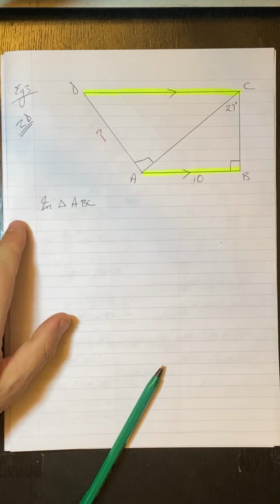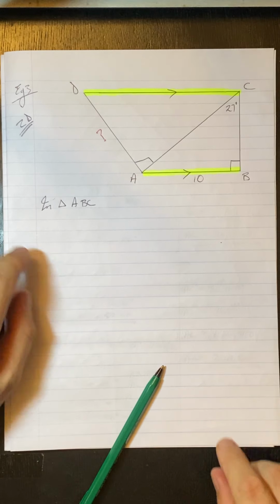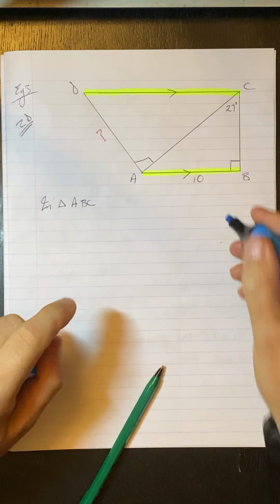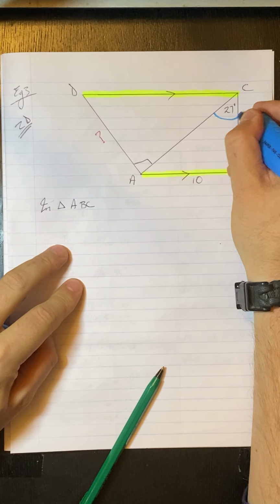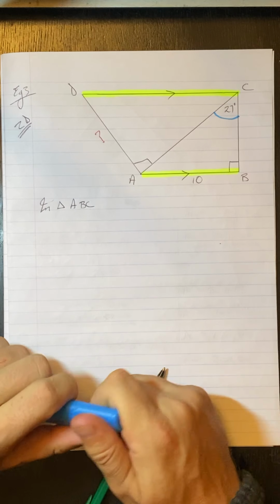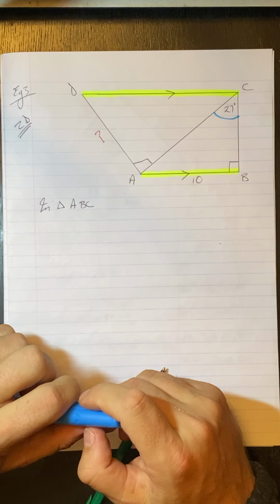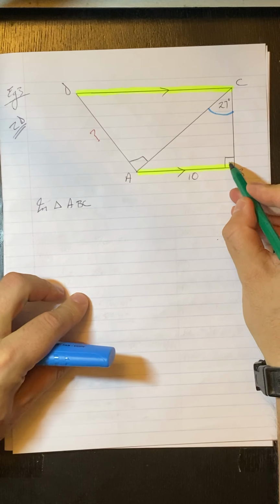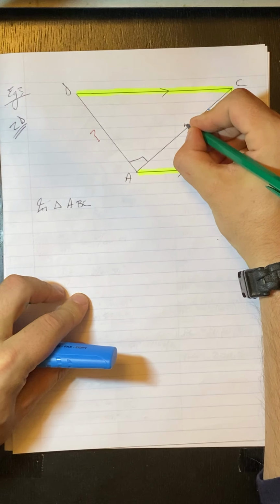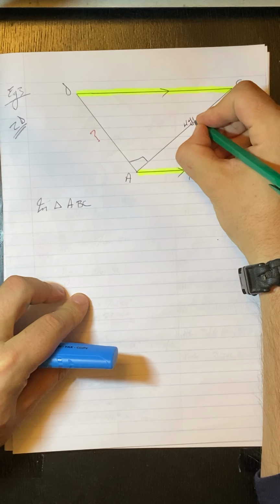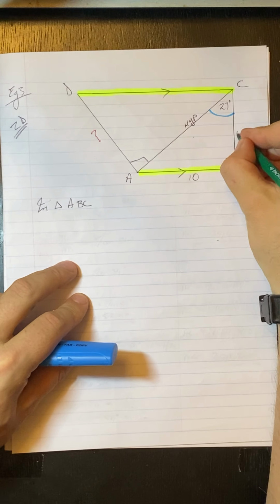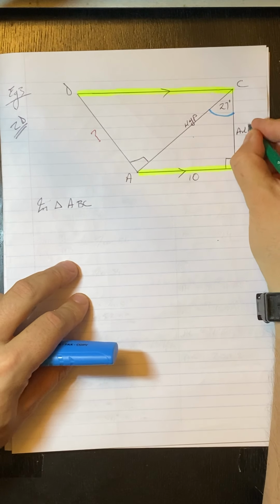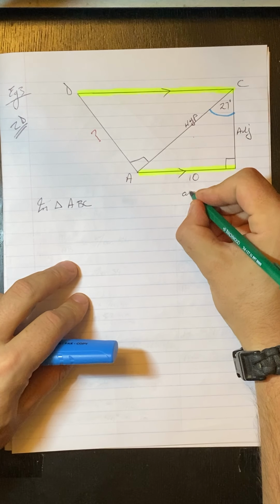So if we look at the ABC triangle, from the angle that's given to us, which is this 27, I'm just going to fill in my adjacent, opposite, and hypotenuse. So straight away, opposite the 90, this would be our hypotenuse. This here would be our adjacent, and this here would be our opposite.